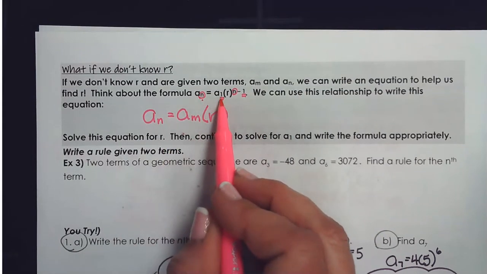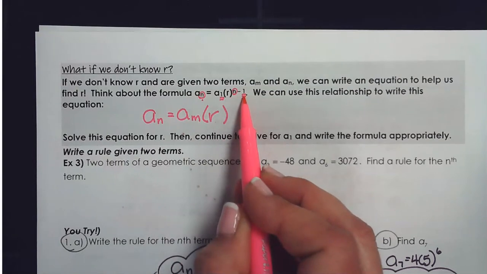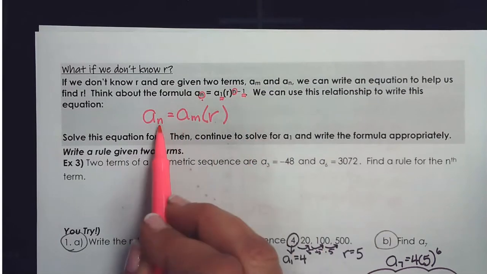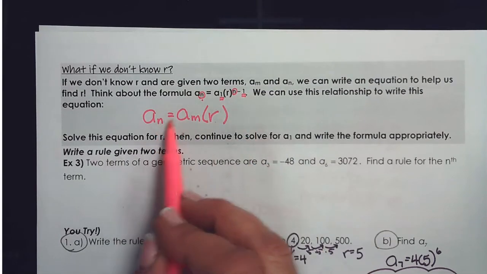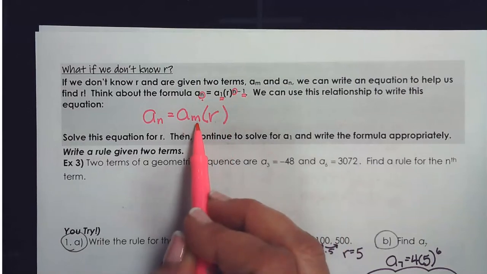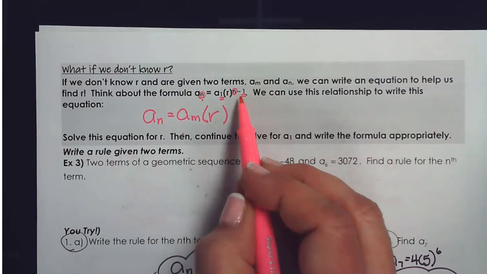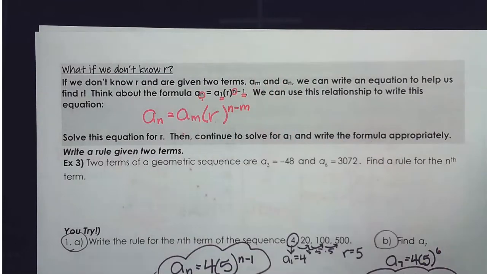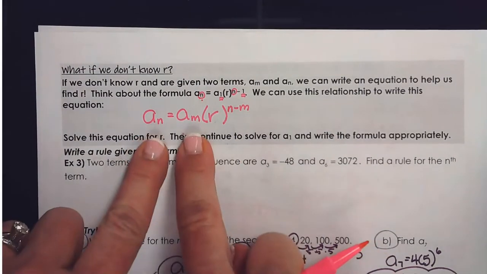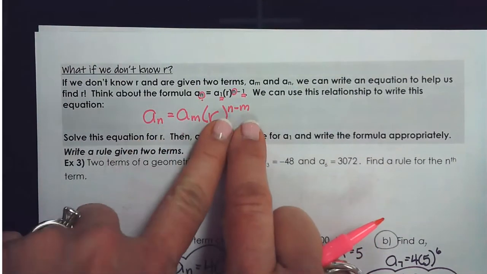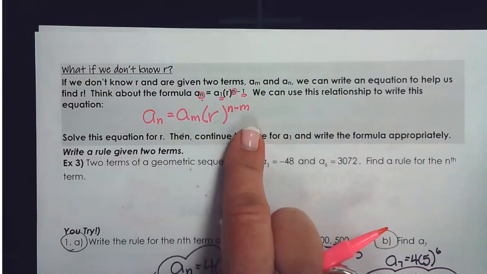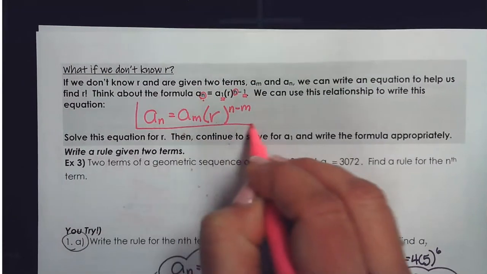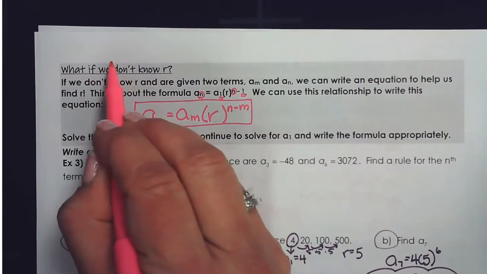So let's look at this relationship here. a sub n is still a sub n. A sub 1 has changed to a sub m. So then what else do you think might change? So yeah, we're going to turn this into n minus m instead. So what happens is that we can then just kind of subtract the subscripts for our r value. And so this is what we're going to use to help if we don't know r.